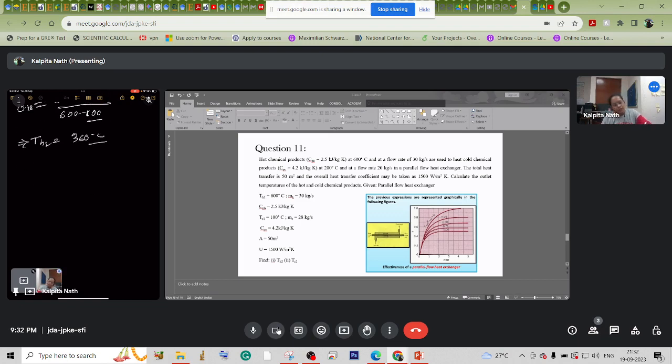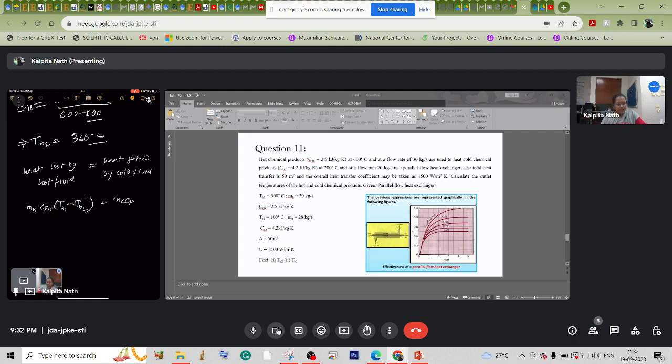Now the heat lost by hot fluid is equal to the heat gained by cold fluid. So this is MH CPH (TH1 minus TH2). The heat transfer will be equal, na?